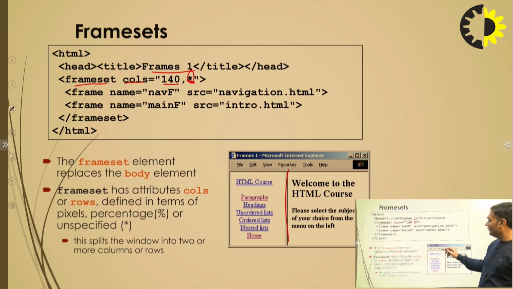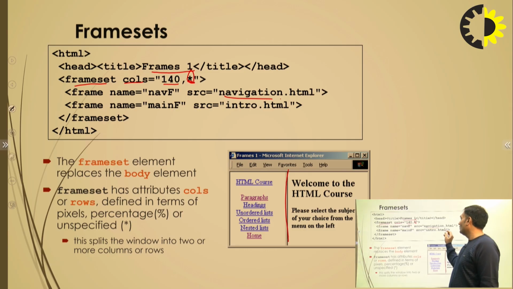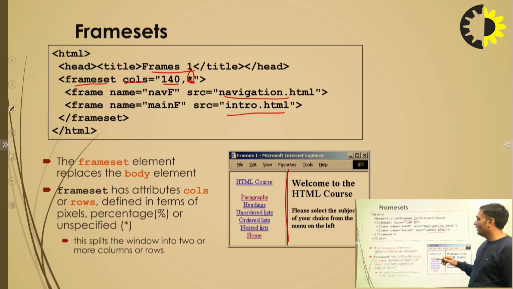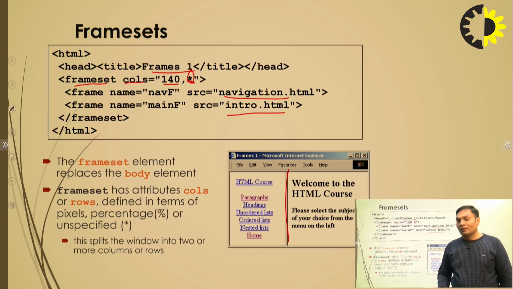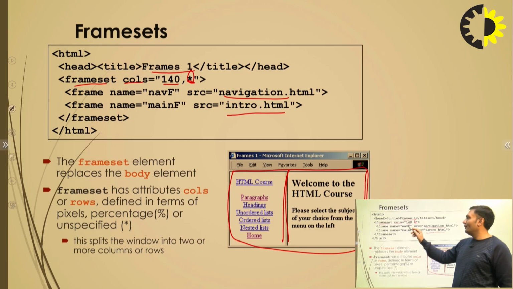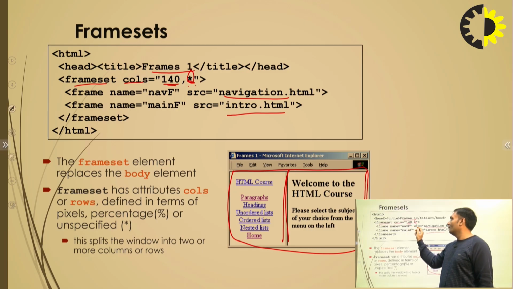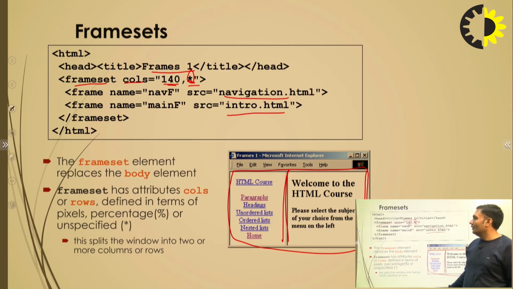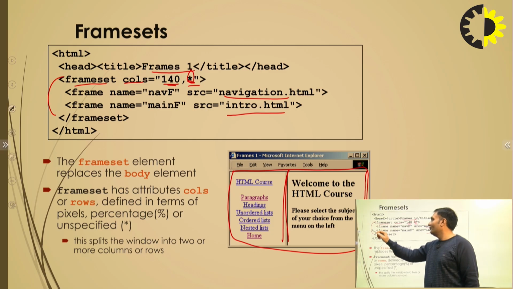Here we can see there are 2 HTML pages, navigation.html and intro.html, that are displayed within this frameset. So this frameset comprises 2 HTML pages, one is this, another one is this, and the whole web page is divided into 2 columns. In this way the frameset works.